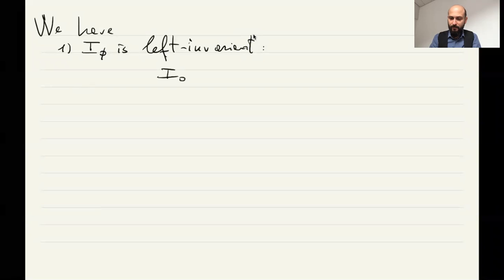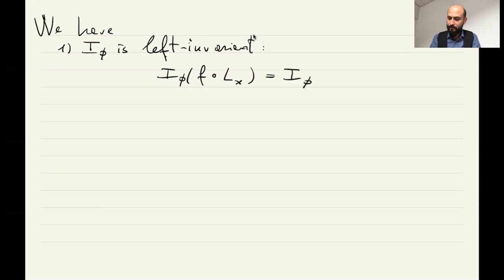So we have that, by construction, the operator is left invariant, namely I phi of f composed with a left translation is equal to I phi of f.